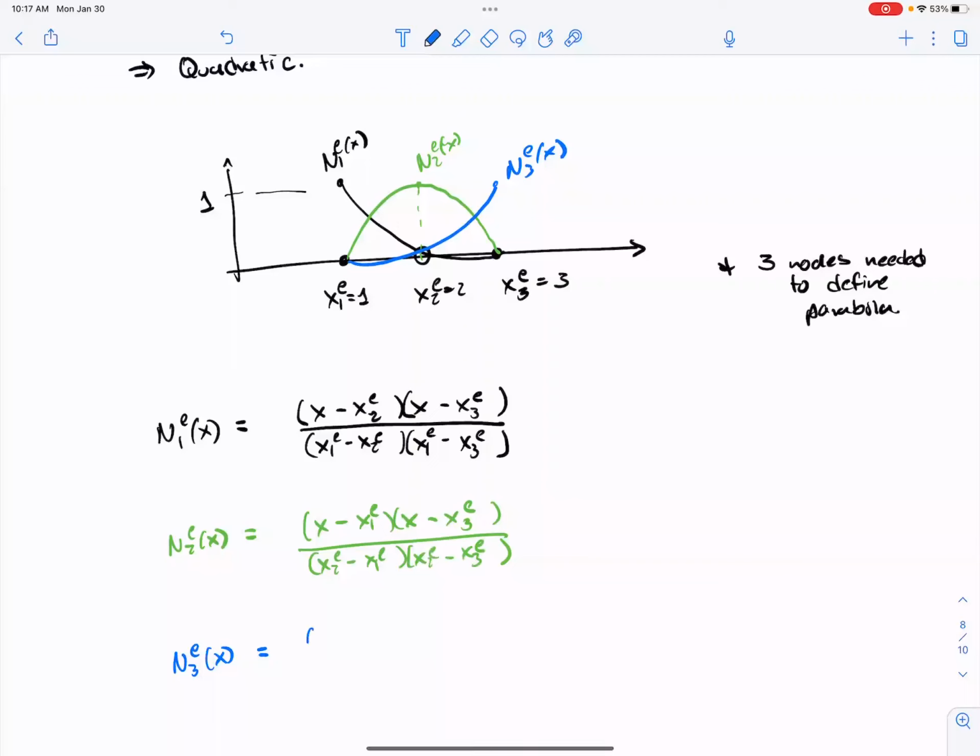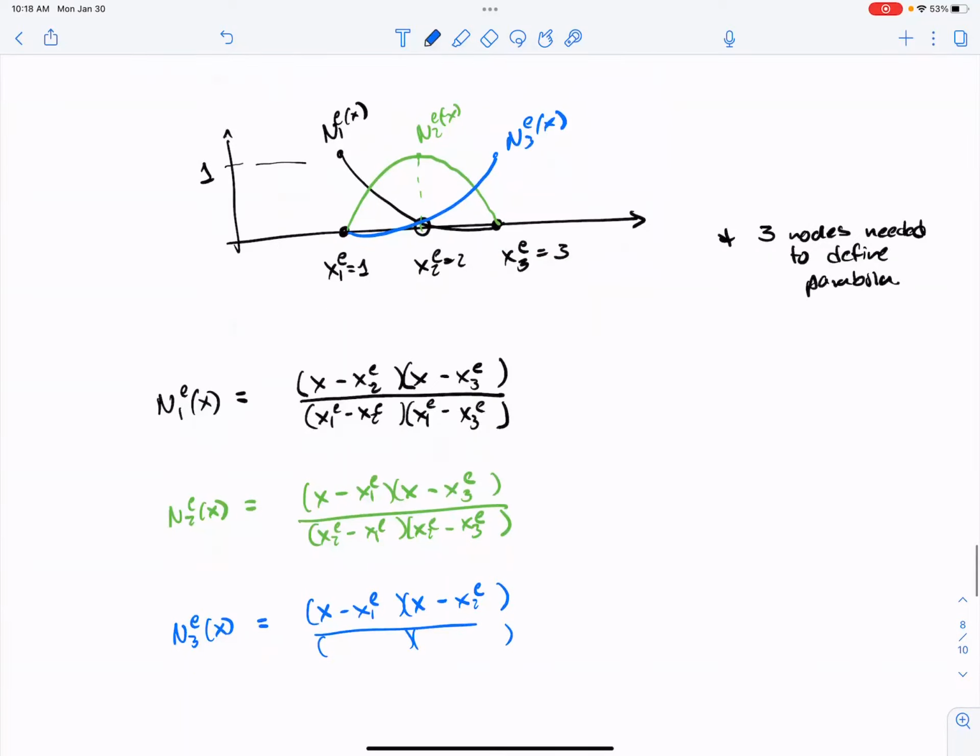And for the last one, again, now this one I need to be 0 at the first one. This will guarantee that it's 0 at the first one. I need it to be 0 at the second one. That will guarantee that it's 0 at the second one.